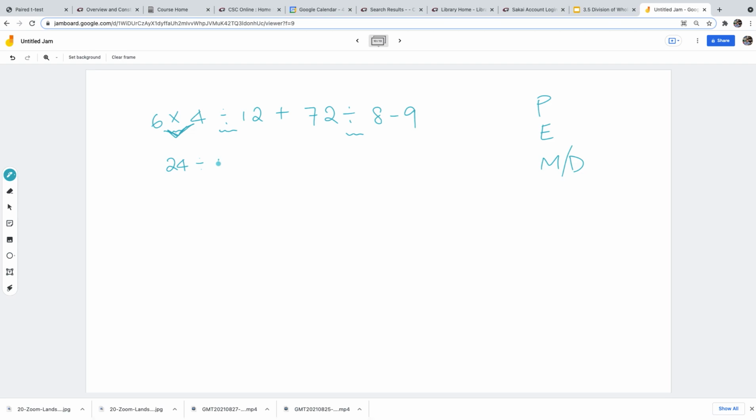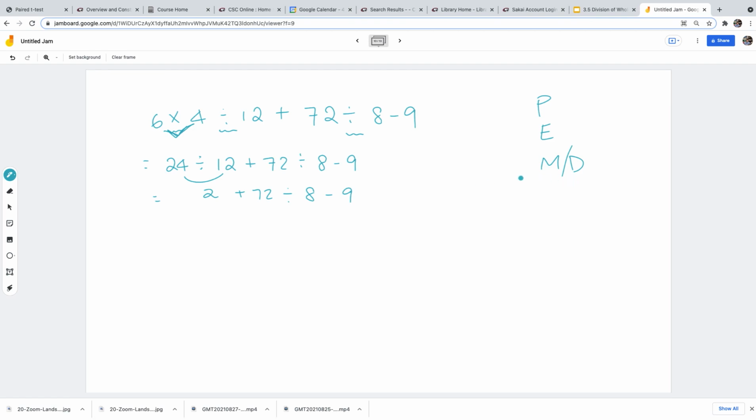Then you can rewrite the rest of that, right? And we are not done with M and D, so we need to do this one because this division comes before this division. 24 divided by 12 is 2. So that is the same as 2 plus 72 divided by 8 minus 9.